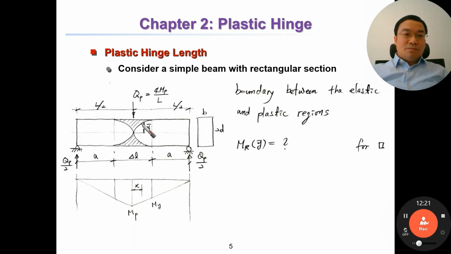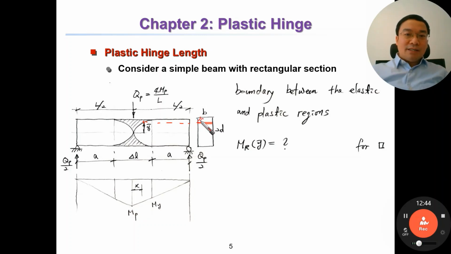First of all, what is the moment of this point? What is the moment on this curve, in a section? So this is the section.